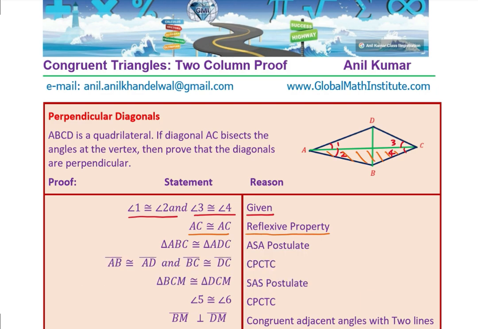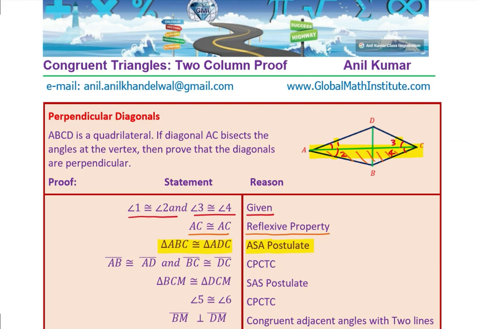AC is congruent to AC, right? So from angle side angle, since these angles are congruent and this side is congruent, by the angle side angle postulate we can show that the two triangles are congruent.